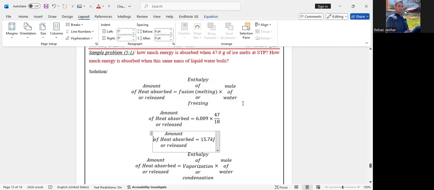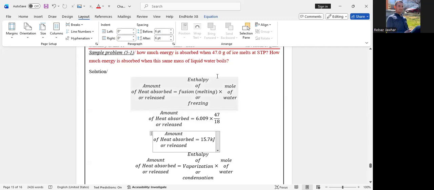because according to the rule, mole is equal to mass over molar mass. And here, instead of moles, I use the rule of mole: mass is given, 47, over the molar mass of water, which is 18, because water consists of 2 hydrogens, each hydrogen is 1, and 1 oxygen is 16, so the molar mass of water is equal to 18.